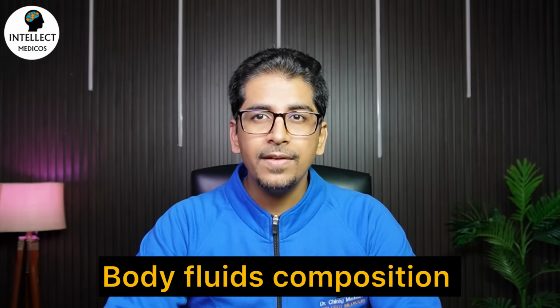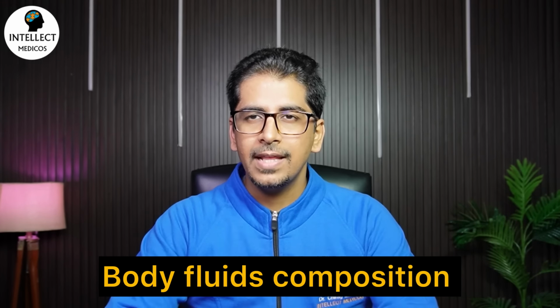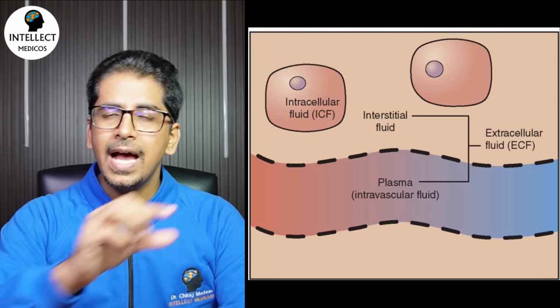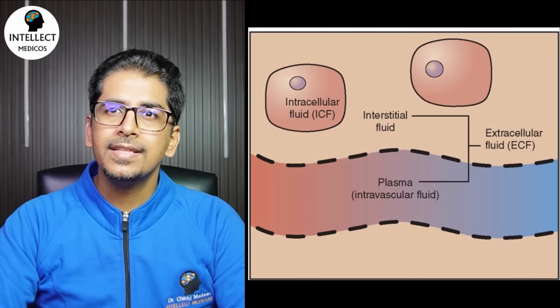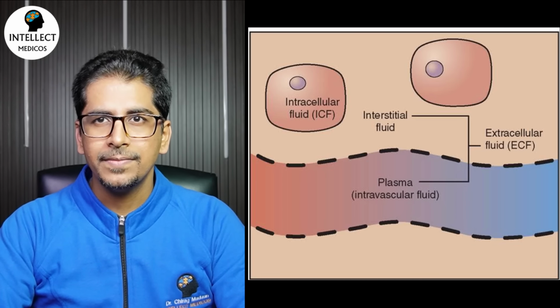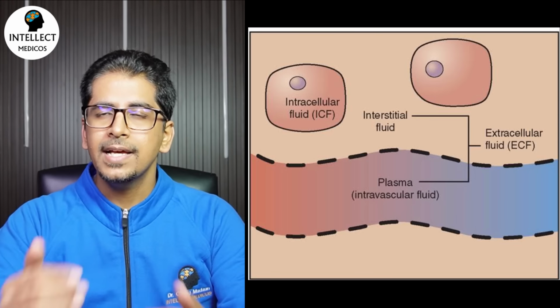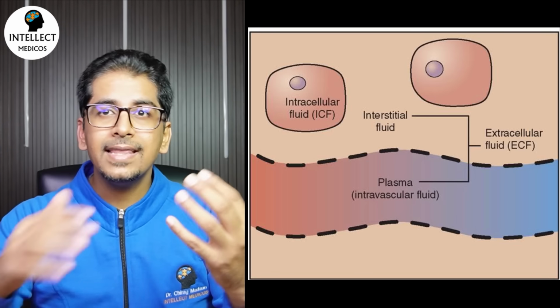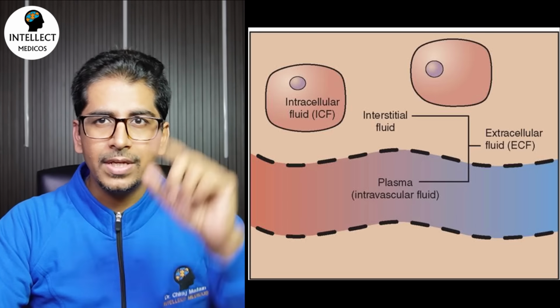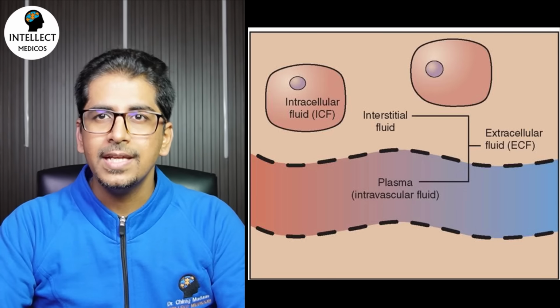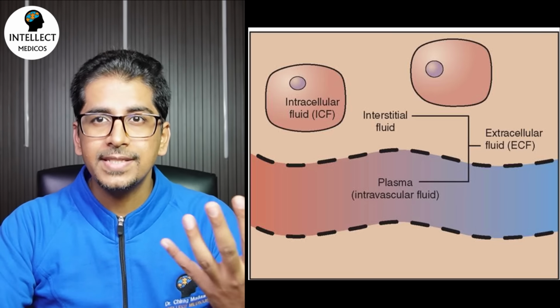Now, before diving into the IV fluids, the types of IV fluids and when to give them, we need to know the basics of the physiology of body fluid composition. In this diagram, you can see we have the plasma, which is the intravascular compartment. Outside that, we have the cells and the interstitium. The water inside the cell is called the intracellular compartment.